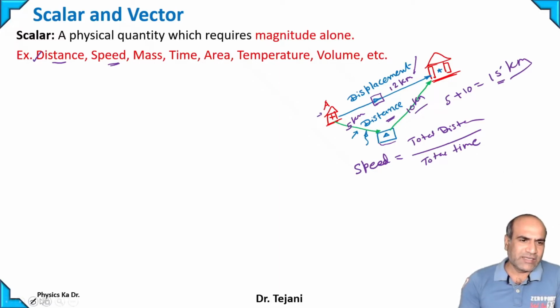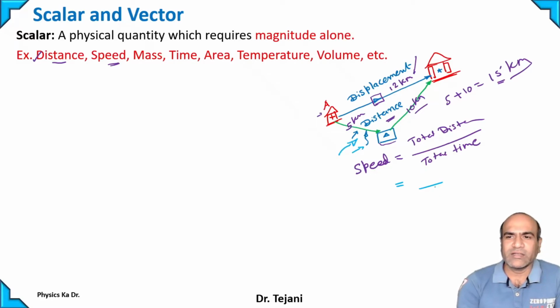So if you talk about speed, we need to consider total distance. In the case where she travels via the parlor, it becomes 15 kilometer, and in this travel, suppose she takes 30 minutes. So 15 by 30, that becomes speed.